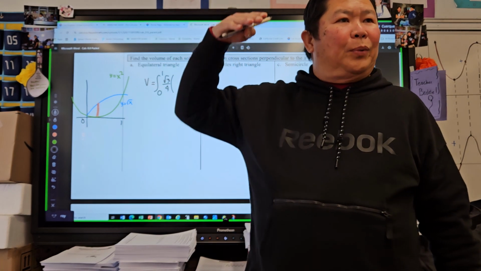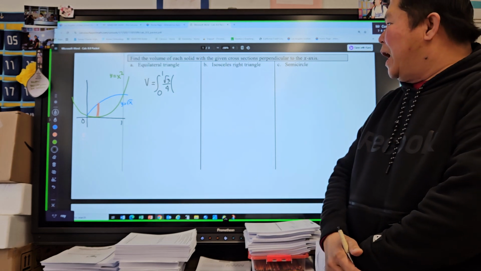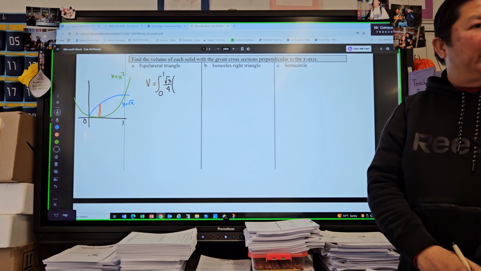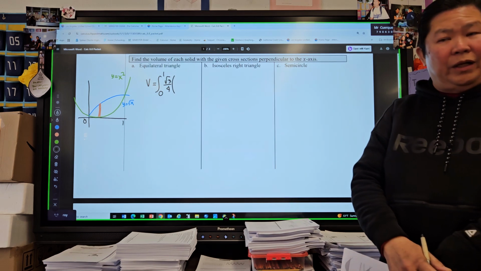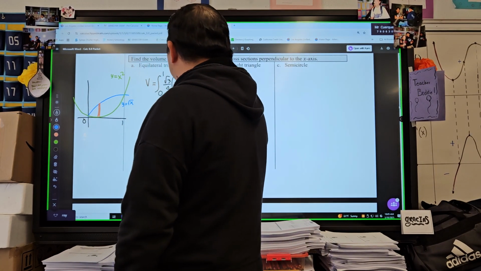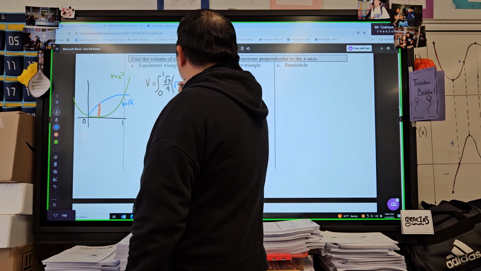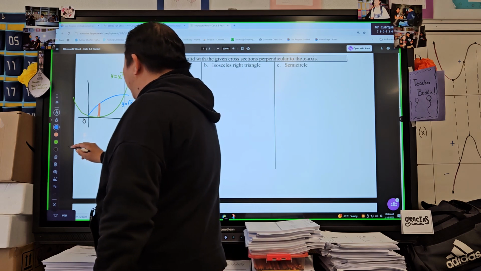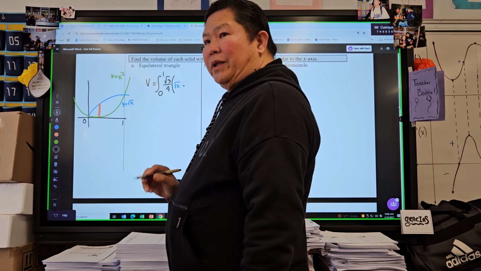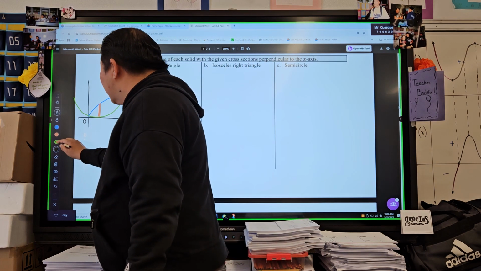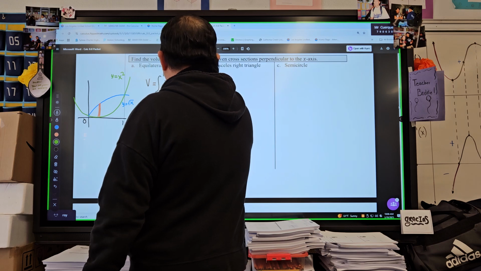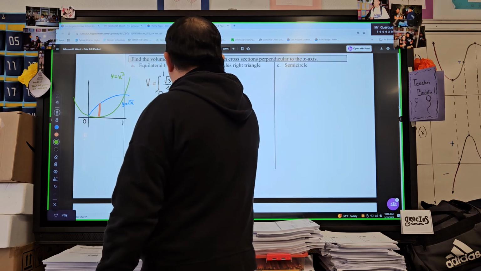What is our upper curve? The upper curve is the blue, radical x, and the lower curve is the green. So the blue, which is the upper curve, square root of x, minus the green, which is the lower curve, x squared.